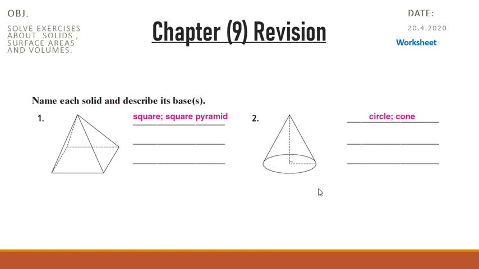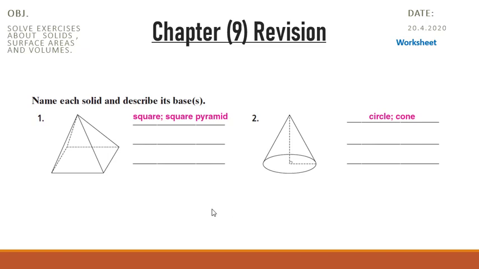Listen to the question. It's a pyramid. Great. But if I tell you that the lateral faces are rectangles also, in this case it is a prism, a rectangular prism. Okay, that was great. Now you know all the solids. Let's move to the next question.